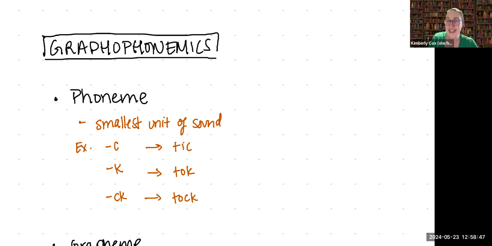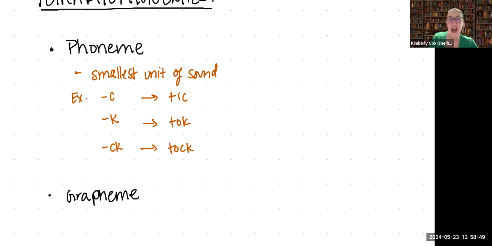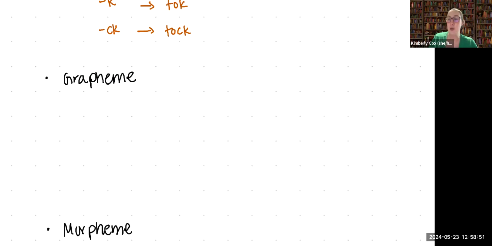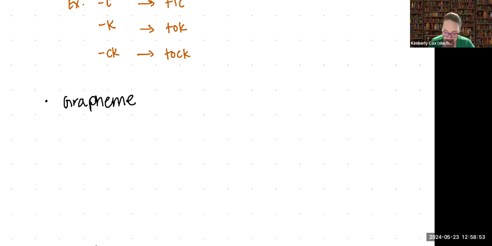Now, here's where things get interesting, right? A grapheme is going to be a little bit different. A grapheme is going to be the smallest unit of a written language.